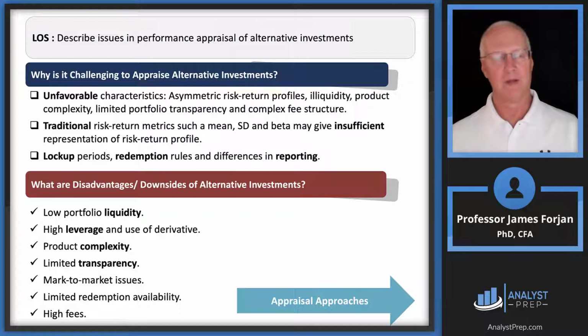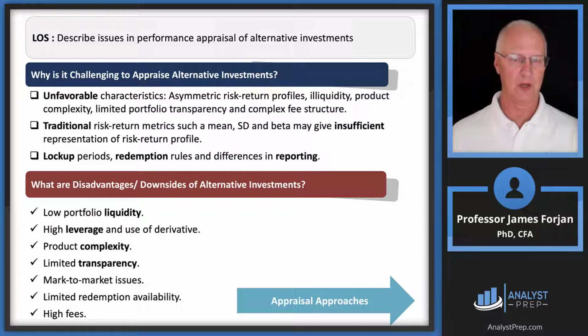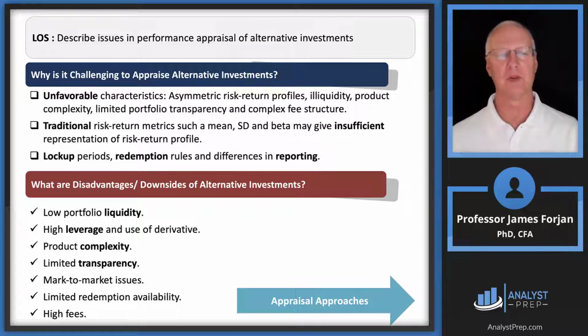And then go back to my miniature golf course example. Boy, how the heck do you know what the value on today's date of a miniature golf course in Fenwick, Delaware is going to be? So limited transparency, and that includes mark-to-market issues. How do we value these? If we're marking to market on the floor of a derivative exchange, we probably know what those values are on a day-to-day basis, but it's clearly not the case in alternative investments.